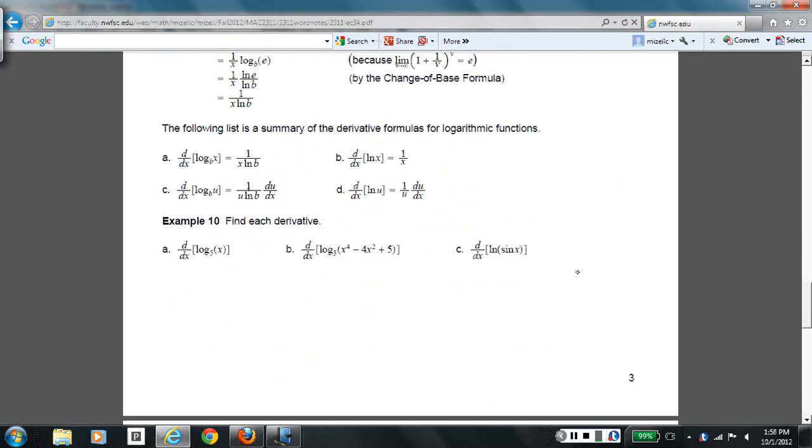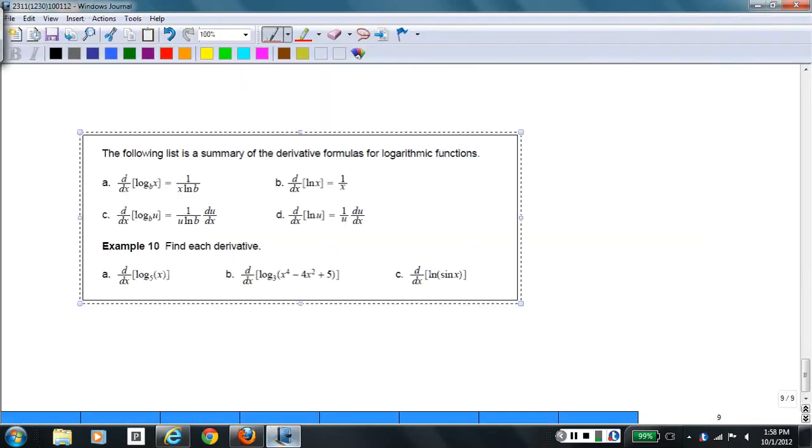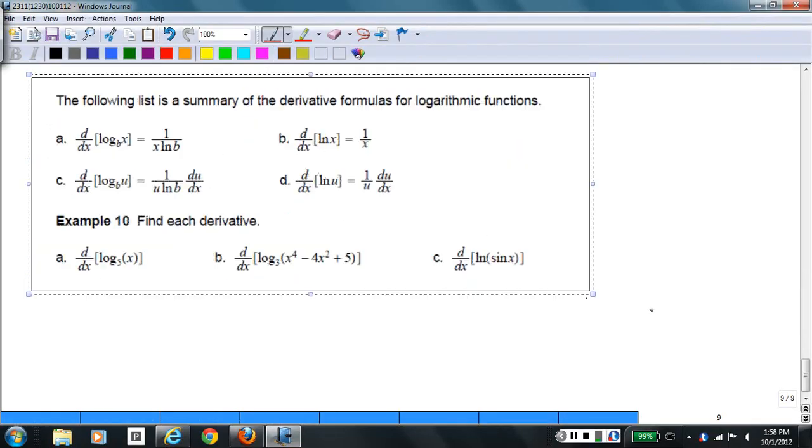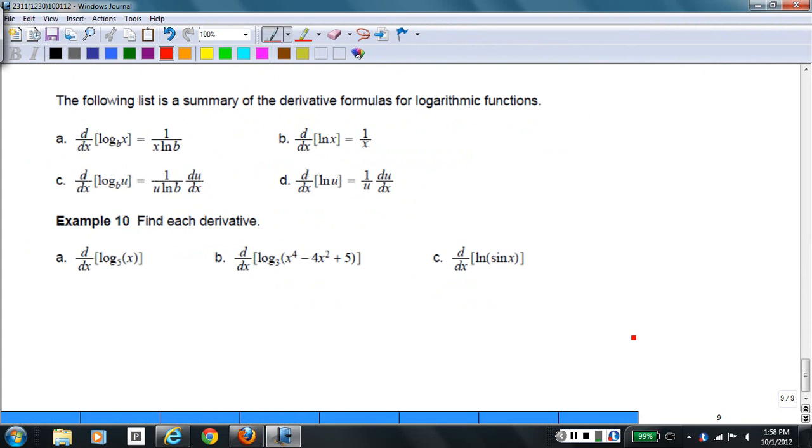Keep these limit definitions in mind together with the chain rule. Let's see if we can take these derivatives. Derivative of log base 5 of x. Well, this is a straightforward example of this one right here. d dx of log base b of x, 1 over x.